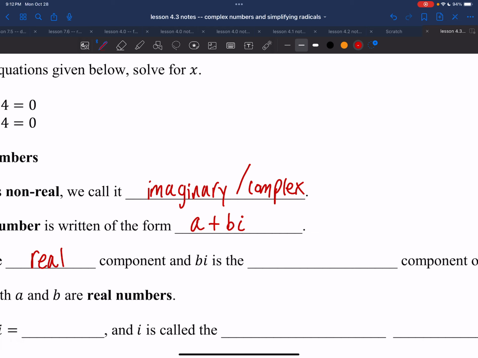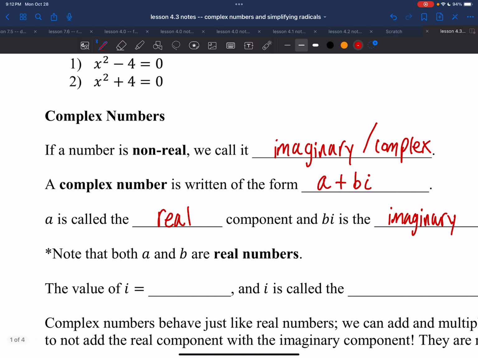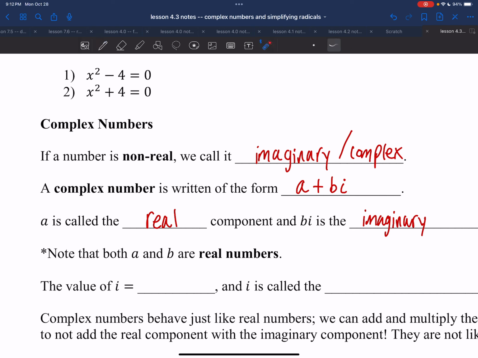So B times I is going to be called the imaginary component. And so what a complex number is, a complex number is a real number plus an imaginary number. Okay? And it's important to note that A and B are themselves real numbers.